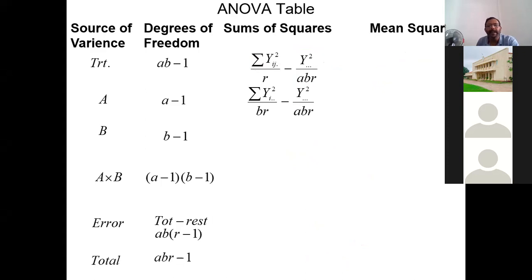For the time being, write down this. The effect of A is given as summation of Yi dot square divided by BR. This dividing factor depends on how many components we are adding together. Here we add across the replicates, so we divide by R. Here we add all the components across the replicates as well as factor B, so we divide by BR.